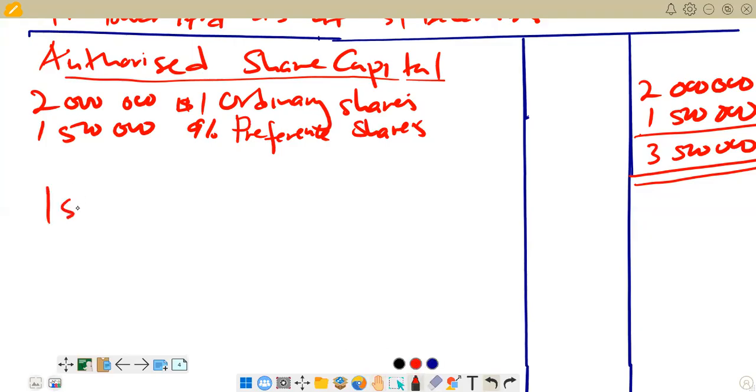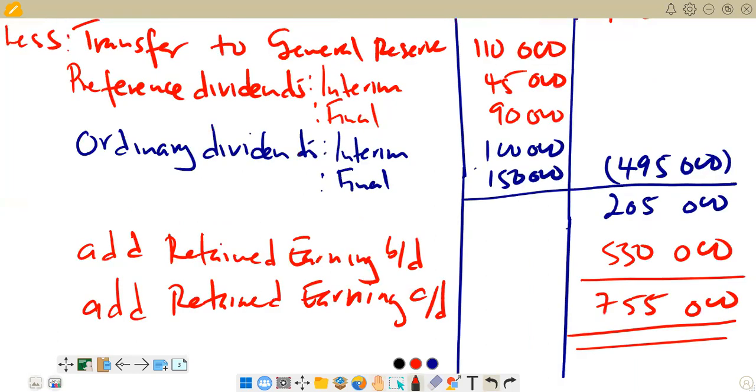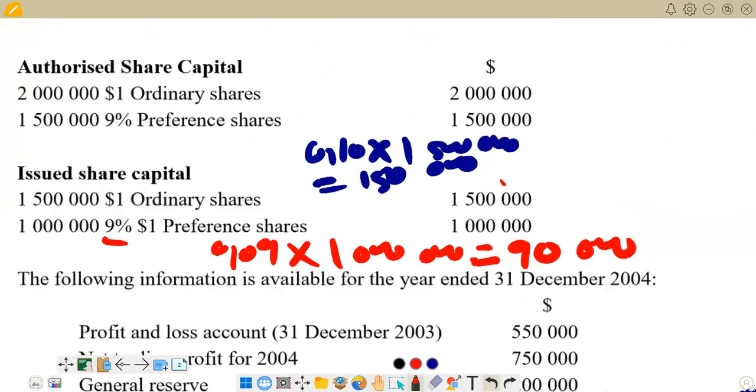Here now we've got issued share capital. For issued share capital, we check again what we have in the question. You see that issued is here, 1,500,000, $1 ordinary shares worth 1,500,000. Then we put 1,000,000 9%, $1 per share of 1 million.